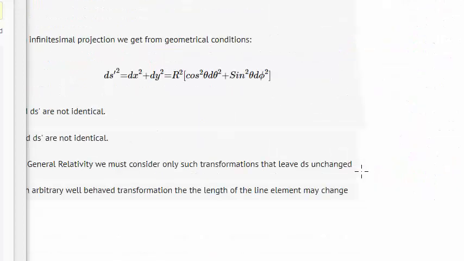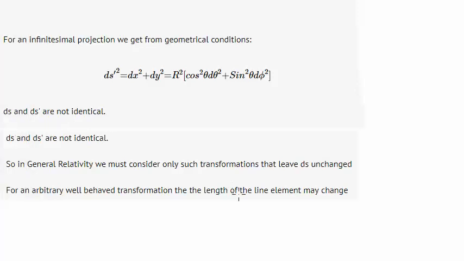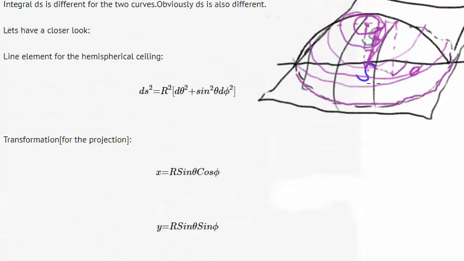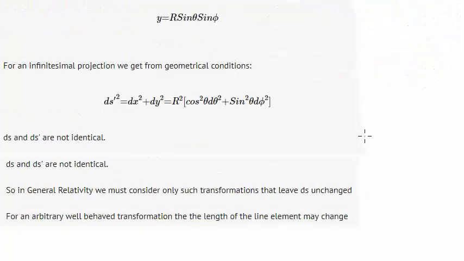That we should not, in general relativity, I don't know if it's a must, but projection is fine. But if we're going to talk about this curve in the surface, we should remain in that surface. We shouldn't project down onto a plane. For an arbitrary well-behaved transformation, the length of the line element may change.